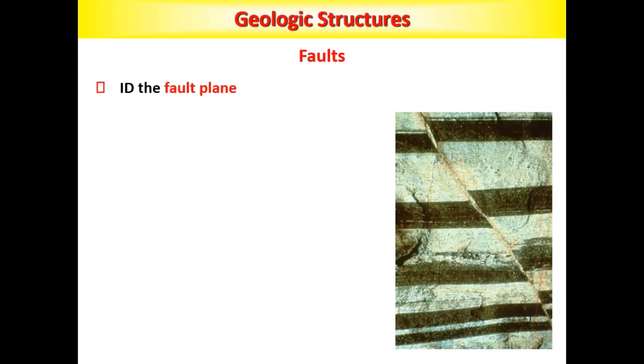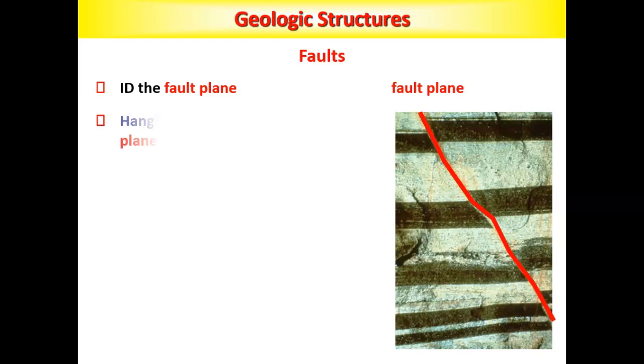The first thing to do is to identify, of course, that you have a fault. As we look at the image on the right, hopefully you can see that there's this crack or fracture, and because the layers no longer line up, it's an indication there's been motion. So I feel pretty confident that this is a fault, and then I can draw a line across that feature and define that as the fault plane.